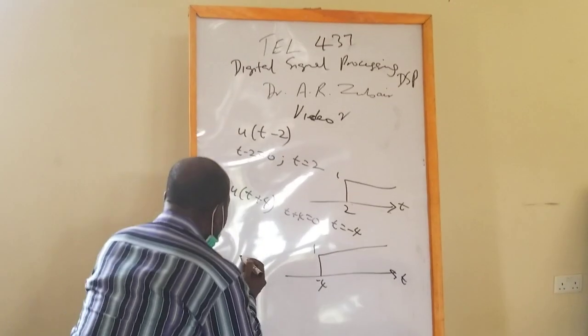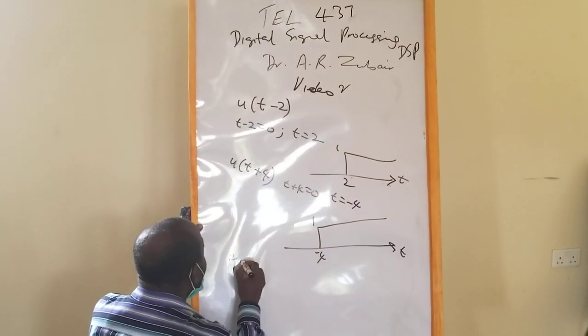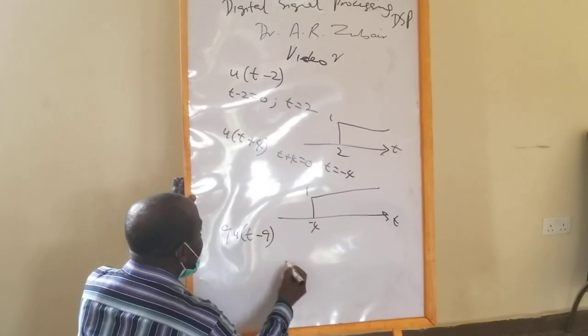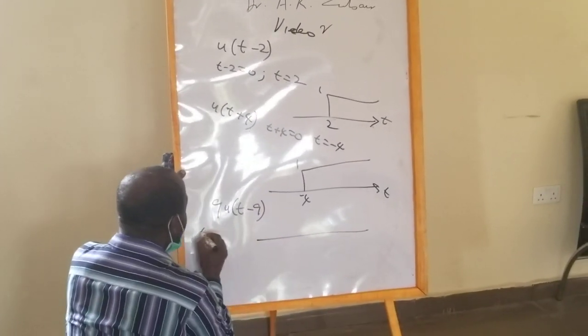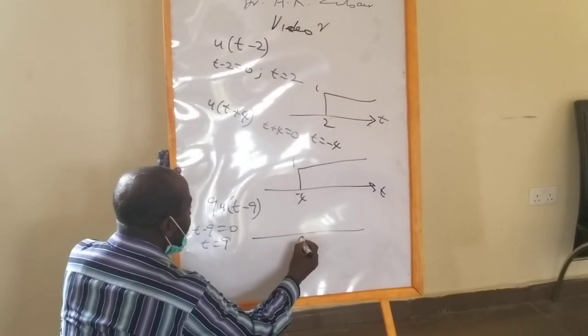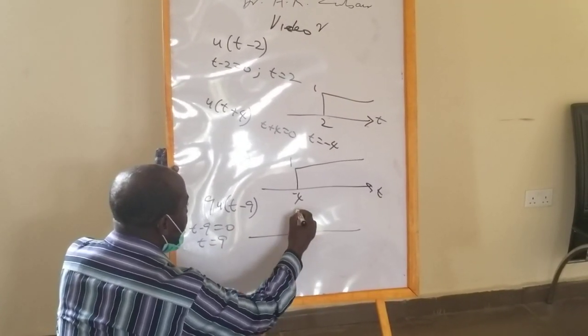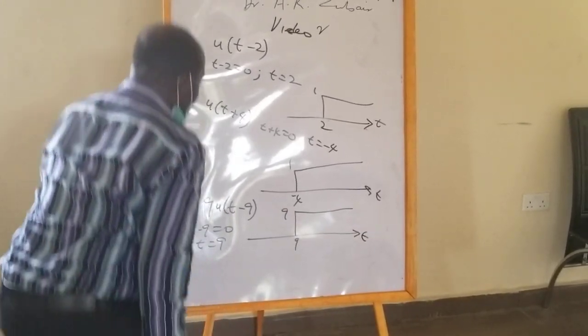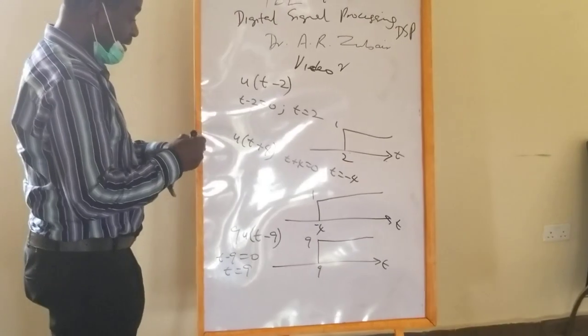If I give you 9u of t minus 9, t minus 9 equals 0, t equals 9. So it is at 9 that switching will take place, and the height is going to be 9.